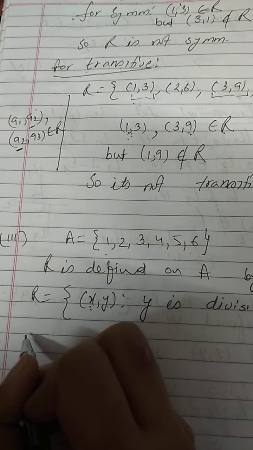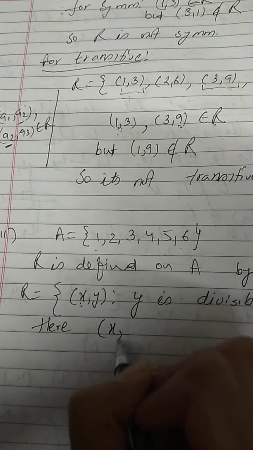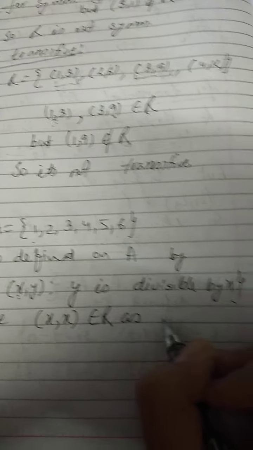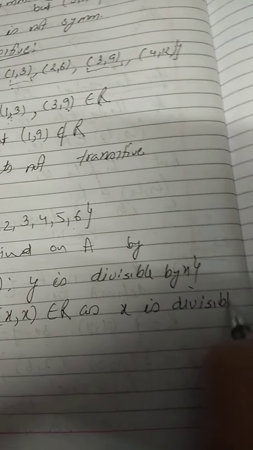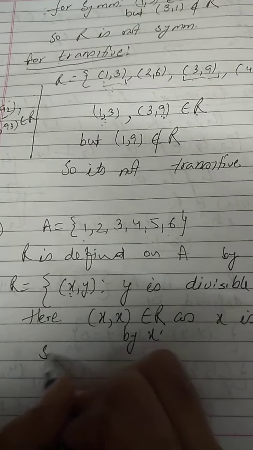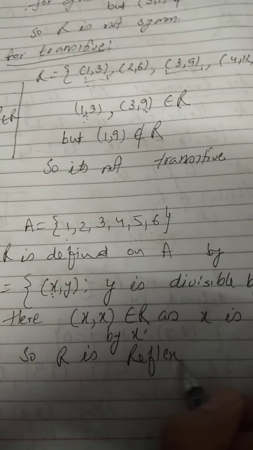So we will write down here: (x, x) belongs to R as x is divisible by x. So what does it mean? It means R is reflexive.